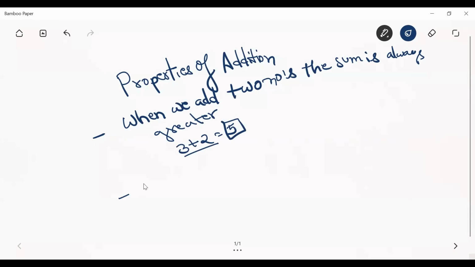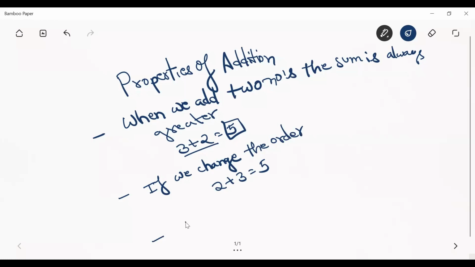The second property of addition is, if we change the order, we get the same answer. 3 plus 2 is 5. 2 plus 3 equals 5. Does it change? It doesn't.